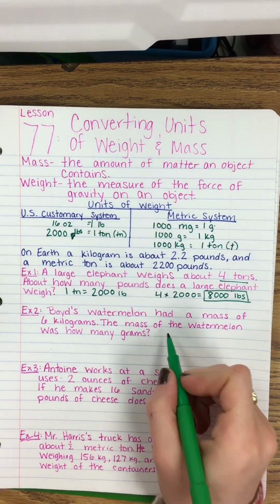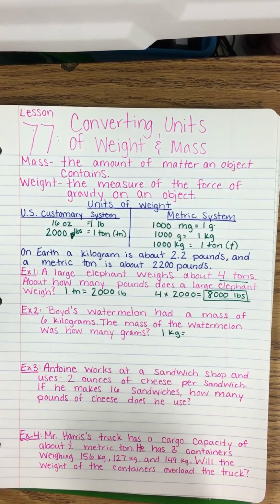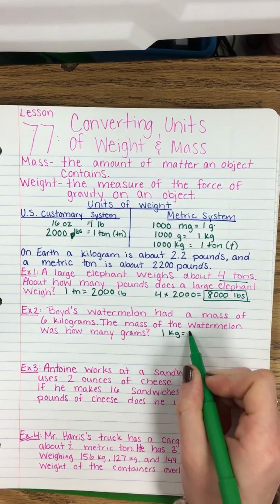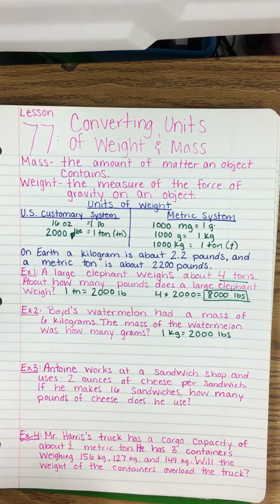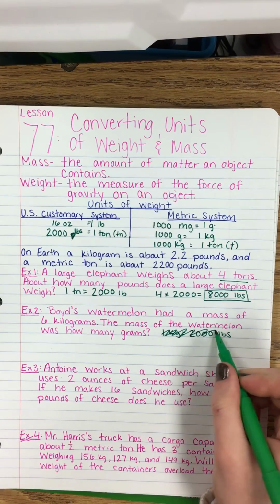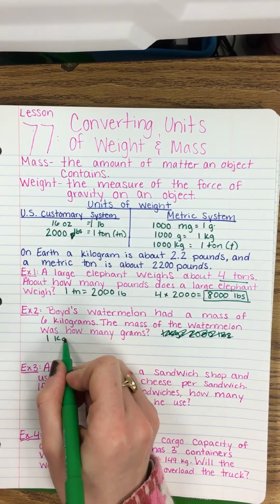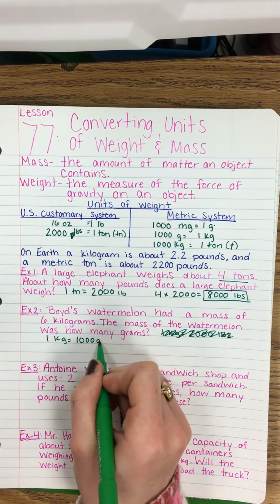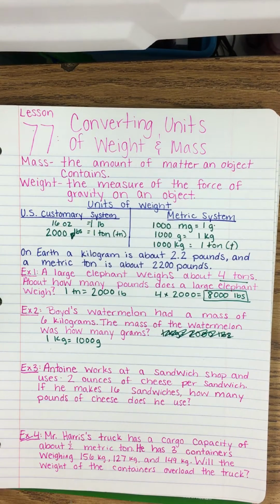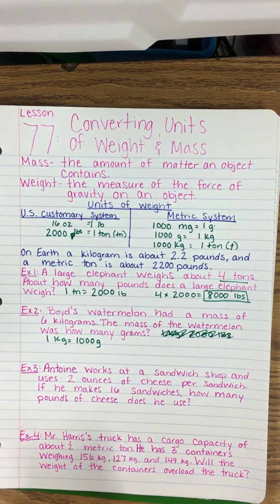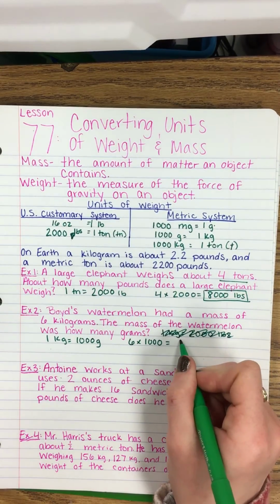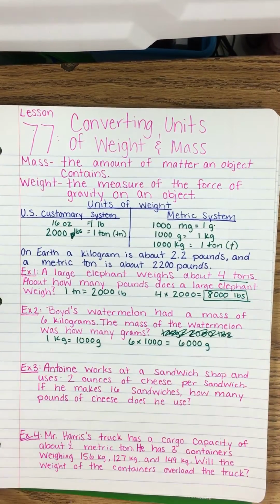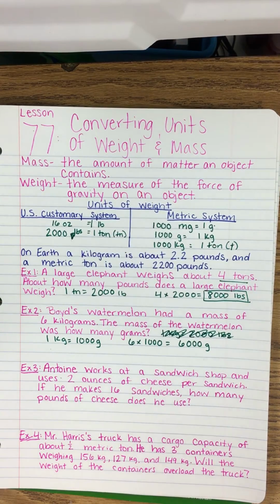Well, 1 kilogram equals 1,000 grams, and 6 kilograms is 6 times 1,000 grams. So 6 times 1,000 equals 6,000 grams is how much Boyd's watermelon weighed.